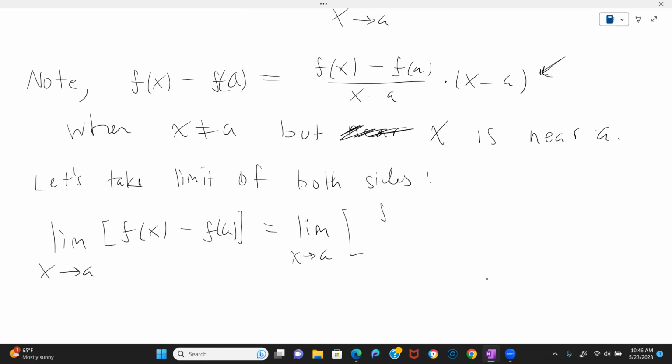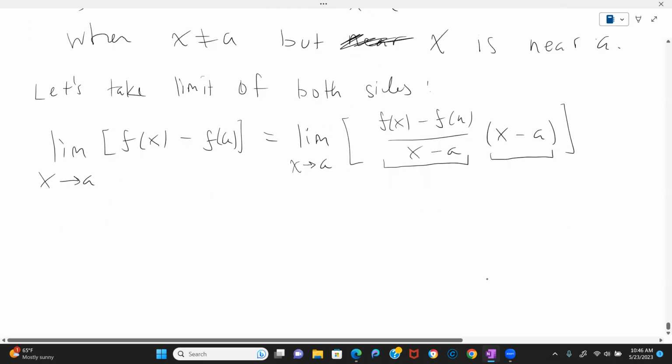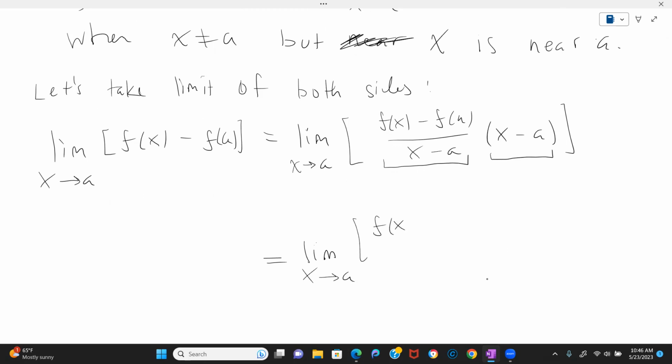And also now we're taking the limit of f of x minus f of a over x minus a, times x minus a. Now the limit of this first thing is the derivative by definition, and we know that it exists. We know the limit of the other factor exists also, so we can distribute the limit over the product: the limit of the first factor times the limit as x goes to a of x minus a.